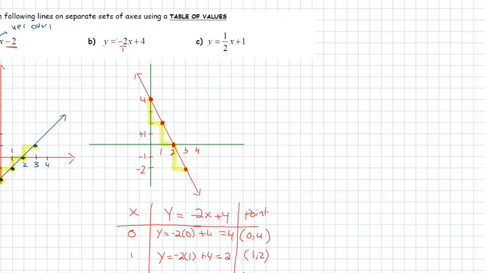So for the table of values for this, I'm going to pick 0 obviously. 0 is going to be my point because this is where I'm going to have the y-intercept. Now, the other values are going to be multiples of 2.